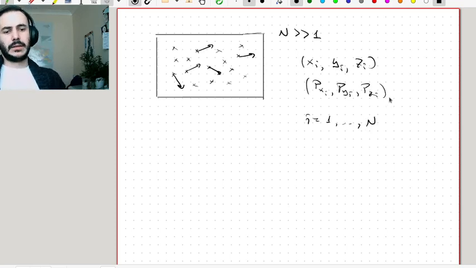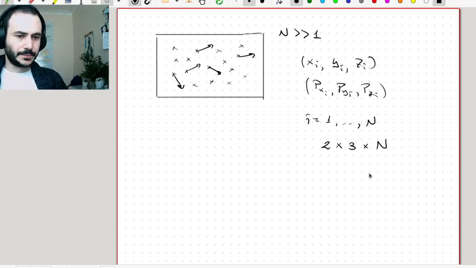And so this means that the amount of information or different data inputs that you need is twice 3, which is the number of dimensions in this case, times N. Of course, we know that the molecules don't need to be monatomic, and when you have diatomic molecules, for instance, or even polyatomic molecules, you have additional degrees of freedom. This is something we learned before.